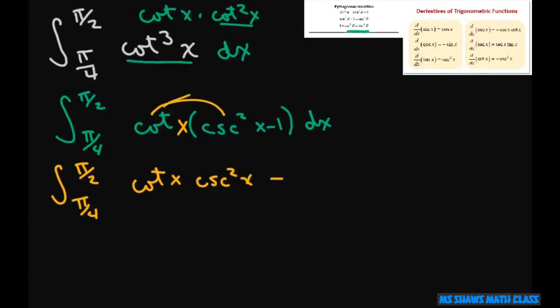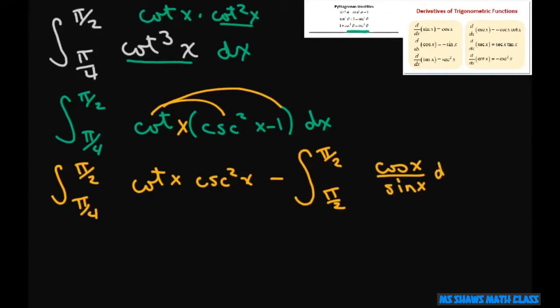Minus, I distribute that one, and I'm going to write my integral again to save room. And that's just going to be cotangent of x, which is actually cosine of x divided by sine of x, dx. So this right there is cotangent of x.